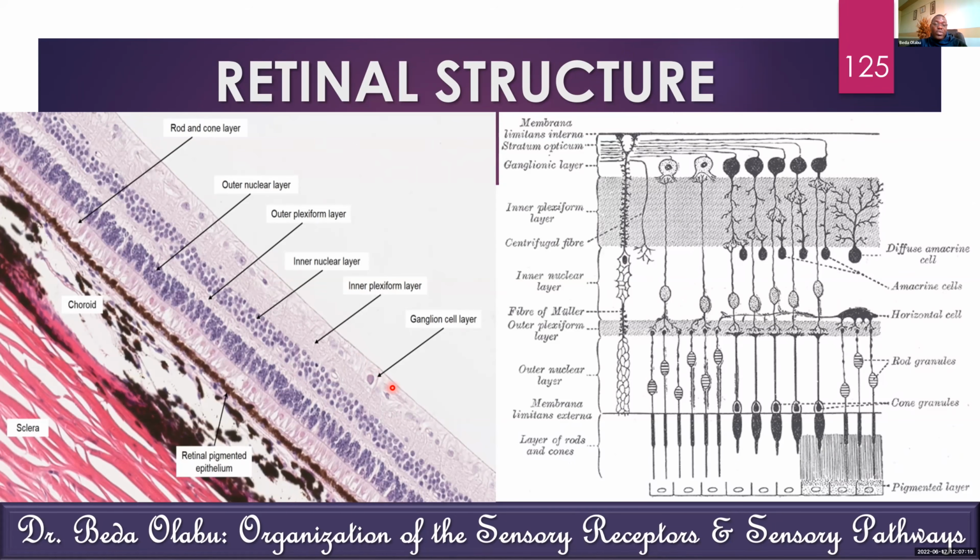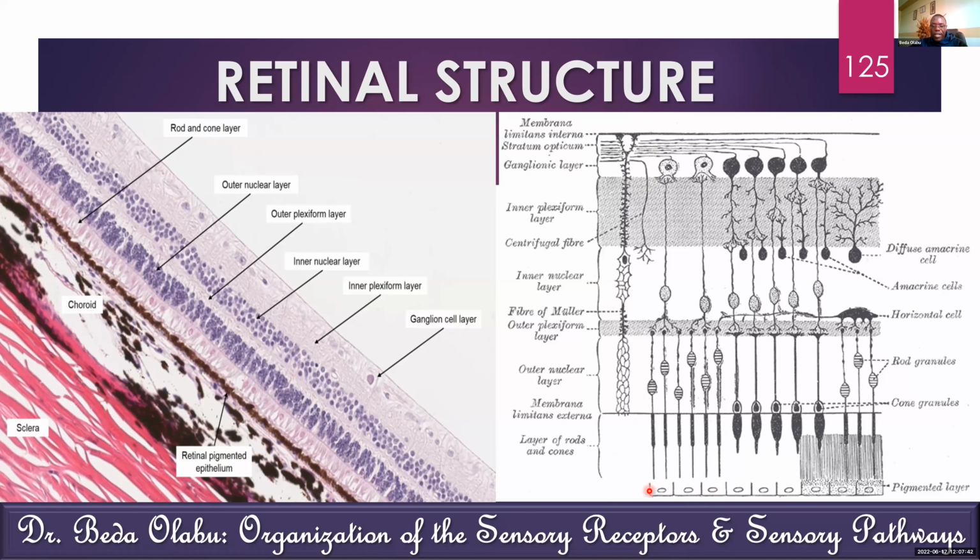This nerve fiber layer contains axons of the optic nerve fibers. Axons of the ganglion cells are the ones that merge to form the optic nerve. And lastly, we have layer 10. So layer 3 and layer 10 come about this way. Look at this image here.